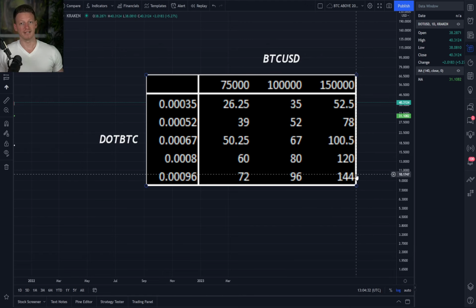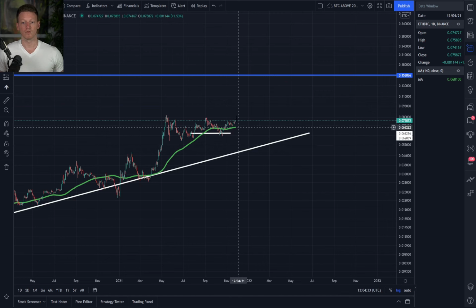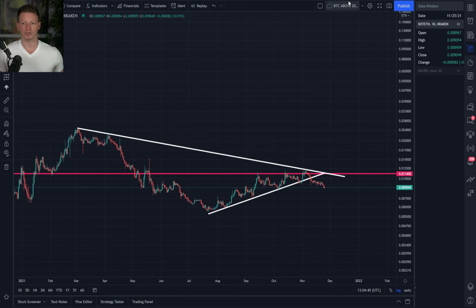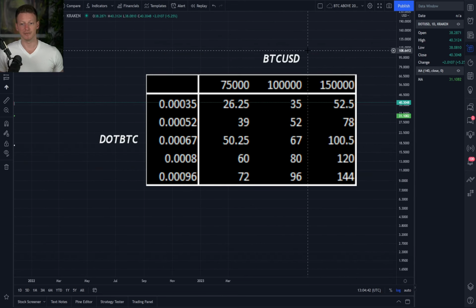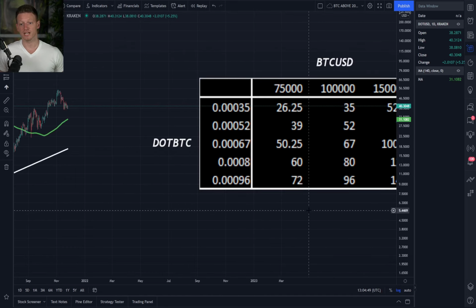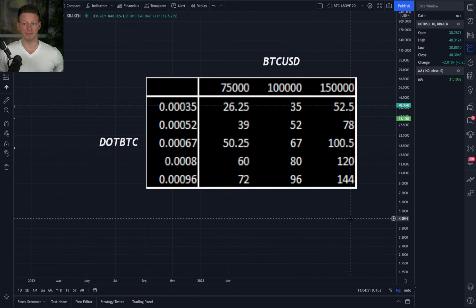But like I said before, what would your Ethereum be at? You have to consider how you're considering Ethereum in the scenario, or other altcoins. Would they outperform DOT, or would DOT be the best performing?